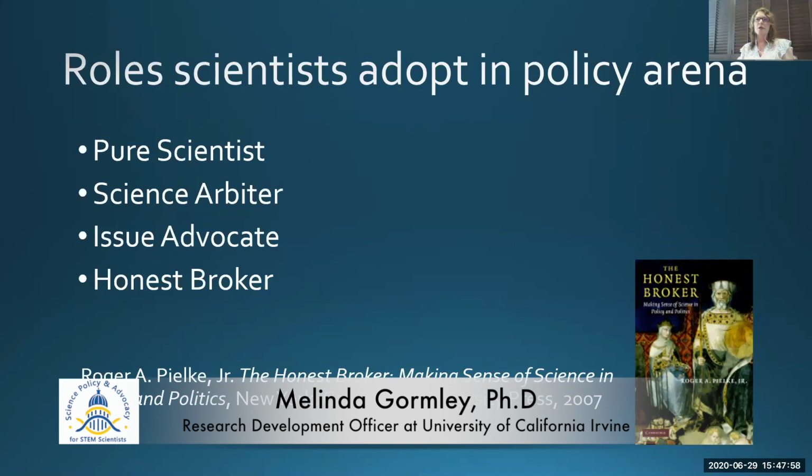Whereas he proposes that a better role for scientists to consider adopting in the policy arena is one of the honest broker. The honest broker is someone who provides a decision maker with factual information on various options.